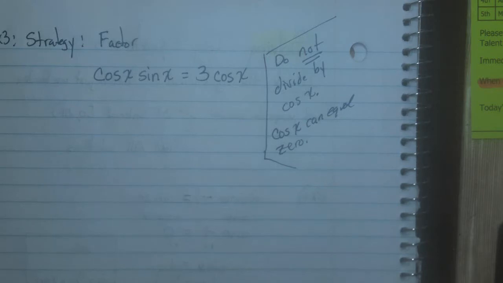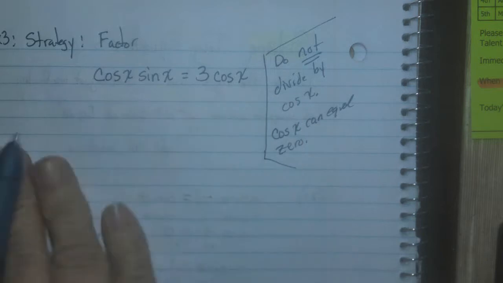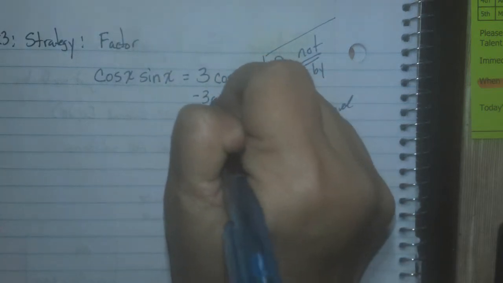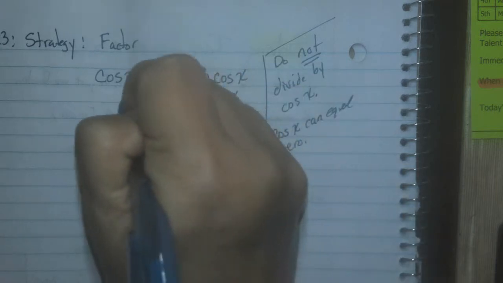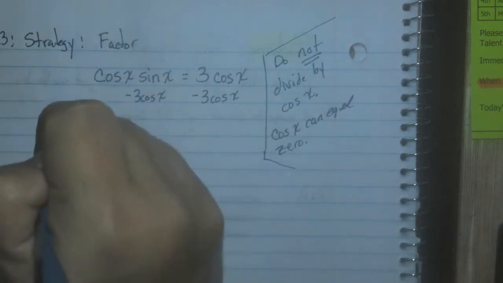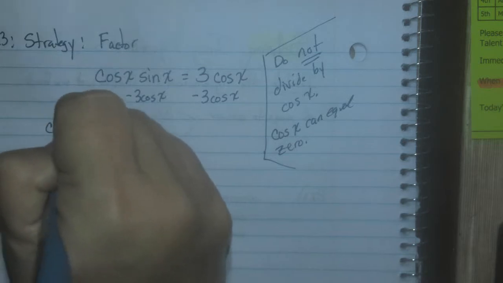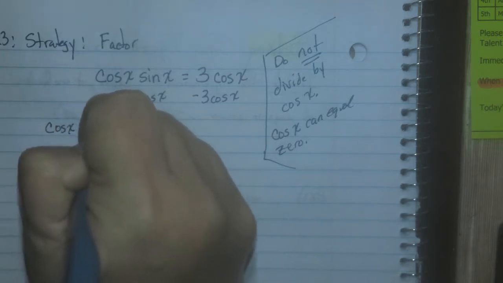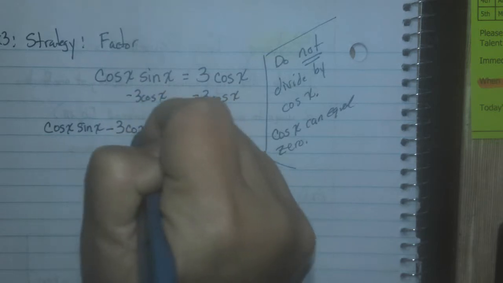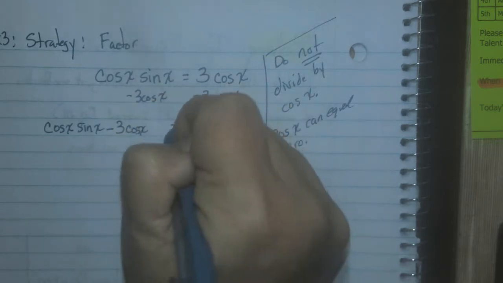So let's just get all the trig functions on one side. So I'm going to subtract 3 cosine x from both sides. So my left-hand side is going to say cosine x sine x minus 3 cosine x equals 0.